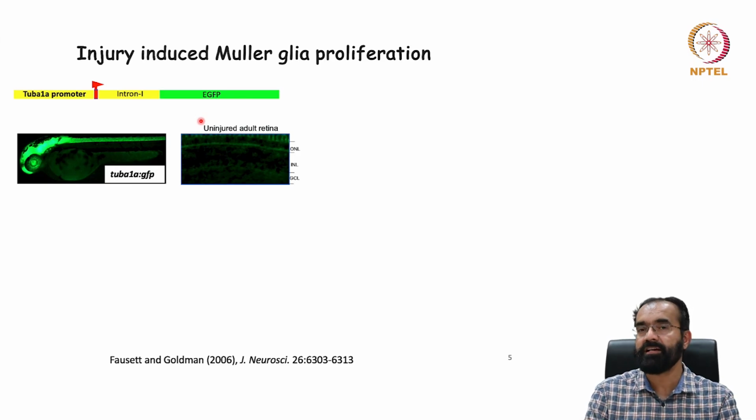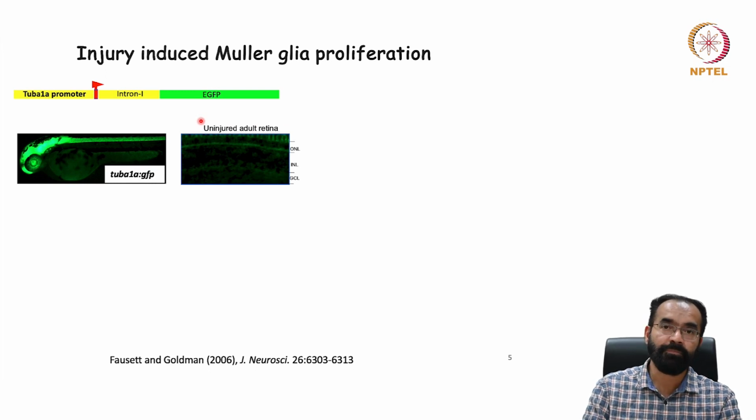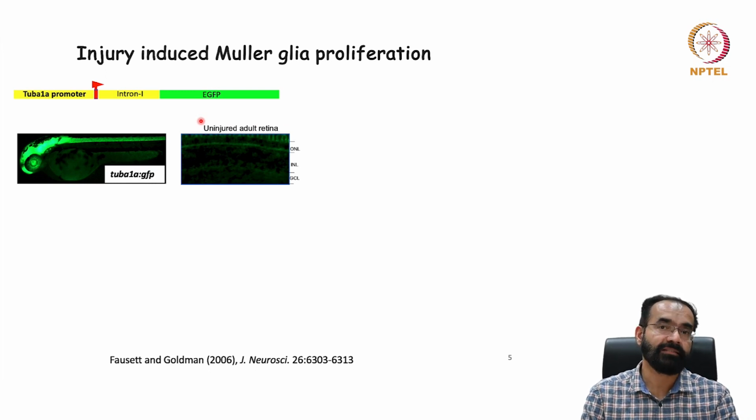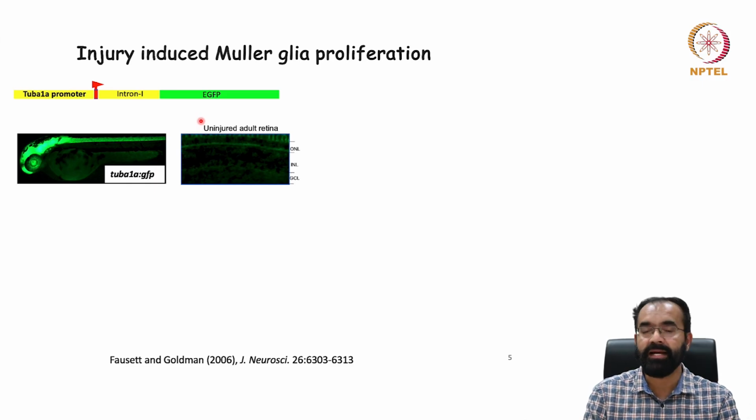So what do you understand from this? If the promoter is truncated, its expression will not be as it would be in the native gene. Say, for example, if a gene's promoter is 10,000 bases, and the entire 10,000 bases are there, the gene will be expressed as it should in the native condition.